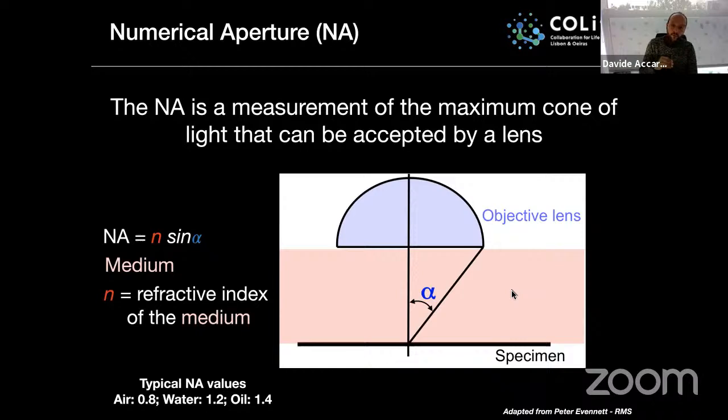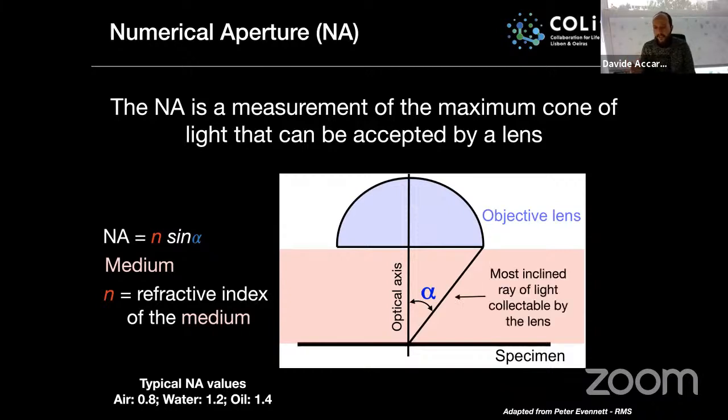Okay, so water has a refractive index of 1.33, oil of 1.515, and so on. So n is the refractive index of the medium, and sine of alpha is the sine of this angle, which is the angle between the optical axis of the objective lens, so between the objective lens and your specimen, and the most inclined ray of light that can be collected by the lens.